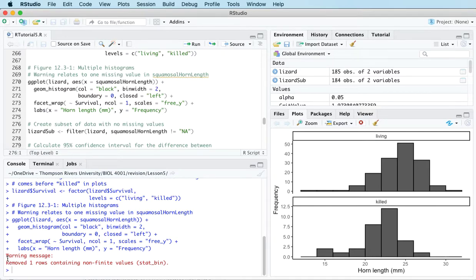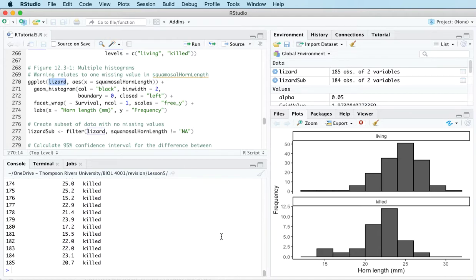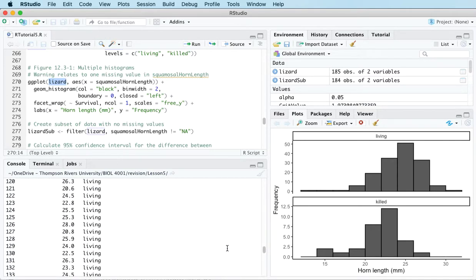Okay, the other thing that happens here is we've got this weird warning message that it's removed one rows containing non-finite values. So let's investigate that a little bit further. Let's look at the entire data set. So I'm just scrolling up here just to see if I can find, okay, there it is. That's the problem.